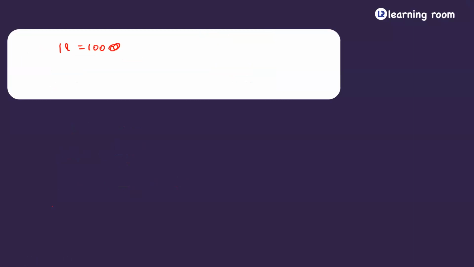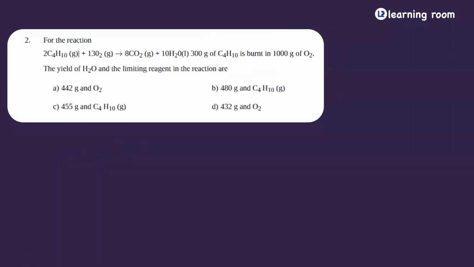Yes? Okay. So next, for the reaction, C4H10 is burnt in 1000 gram of O2. The yield of H2O and the limiting reagent in the reactions are... Okay. So here, how to proceed with this equation? What is the first thing that we have to do? Anyone?